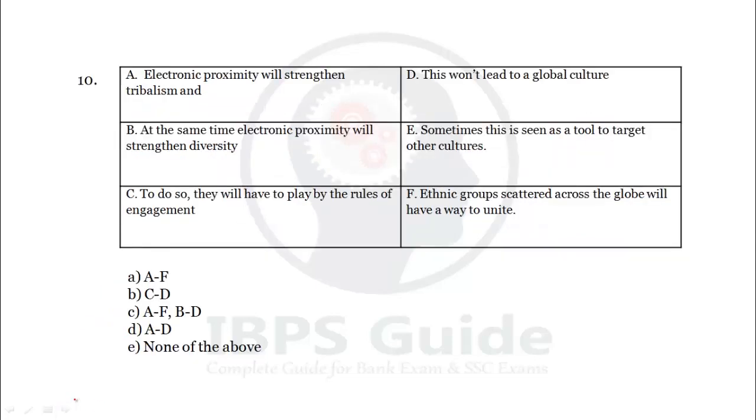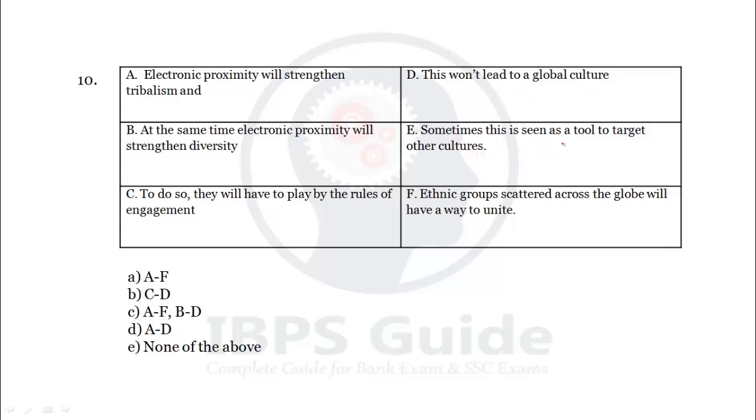Let's move to question number 10. Electronic proximity will strengthen tribalism and. Second option, at the same time electronic proximity will strengthen diversity. C option, to do so they will have to play by the rules of engagement. D option, this would not lead to a global culture.